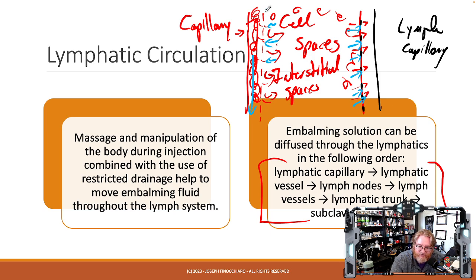So we're having this pass-through of everything. And when it gets into here, it then flows in the one direction it can because it's like veins, and there are valves, all the way back up into your chest, where it finally dumps into your venous system so it can get recirculated and it exits the body as drainage. Your lymph system literally is the exit only for your cell spaces.